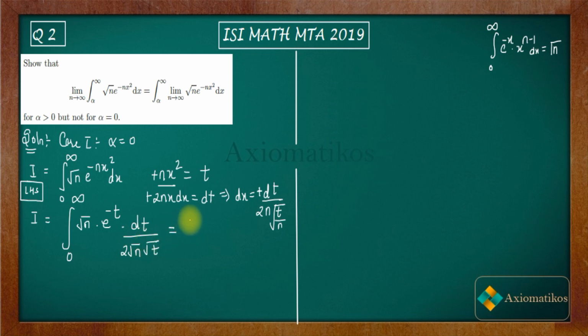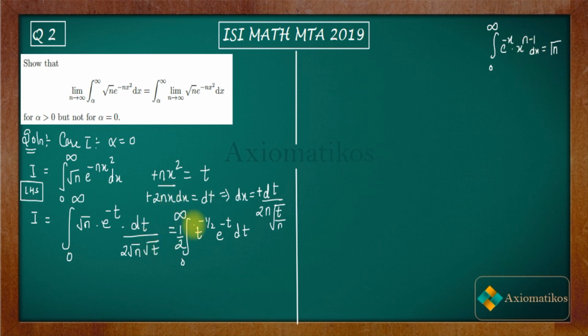Now I will rewrite this integral from 0 to infinity. Root n will be cancelled, so you will get 1 by 2 times the integral of t to the power minus 1 by 2 e to the power minus t dt. Now if you want to apply this result, you have to write the exponent in the form n minus 1.